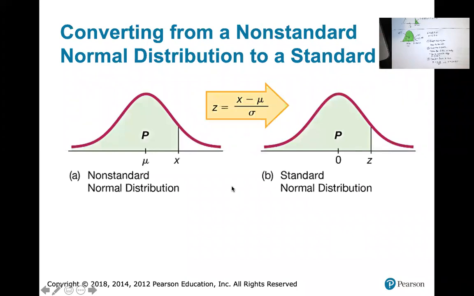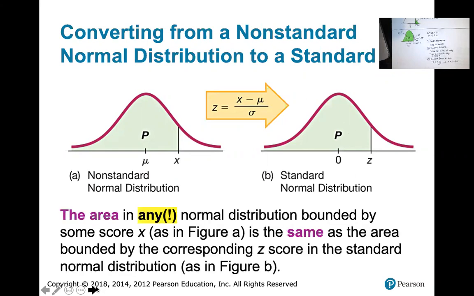Okay, so we can go from a non-standard normal distribution to a standard normal distribution using this formula, z equals x minus the mean divided by the standard deviation. Or we can take that and solve for x in terms of z to go from this standard normal distribution back to a non-standard normal distribution.